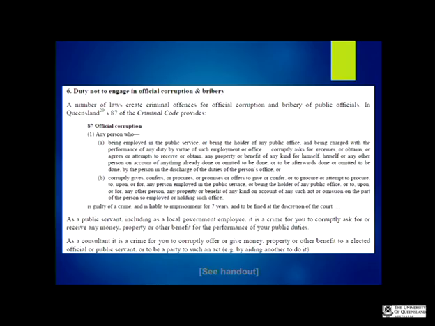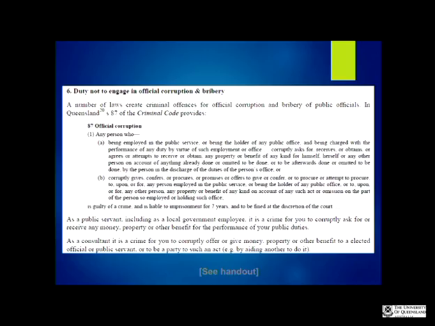Okay, so it works both ways. Both the person who receives the benefit can be held liable for corruption, but also the person who gives it to them, the person who procures it, the person who promises or offers it, the person who confers it.